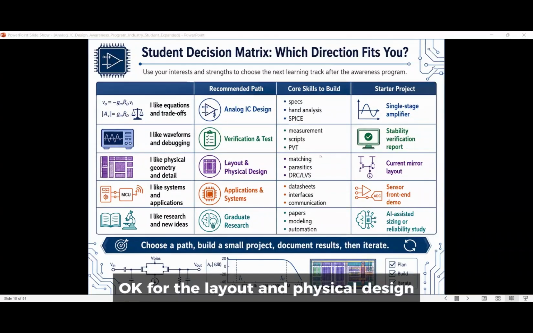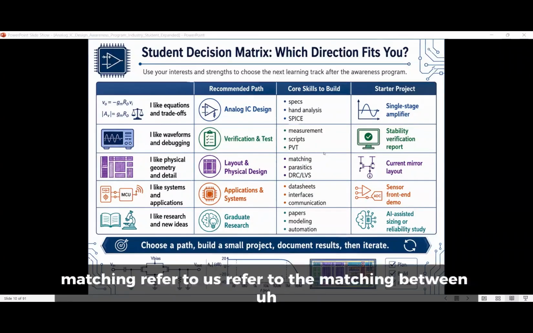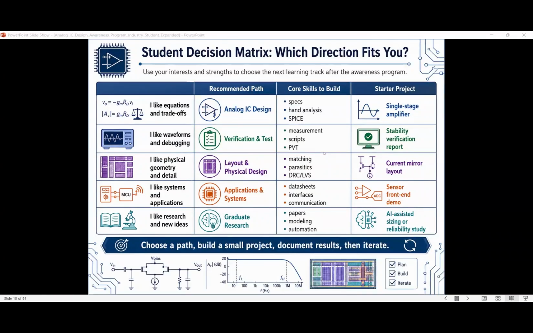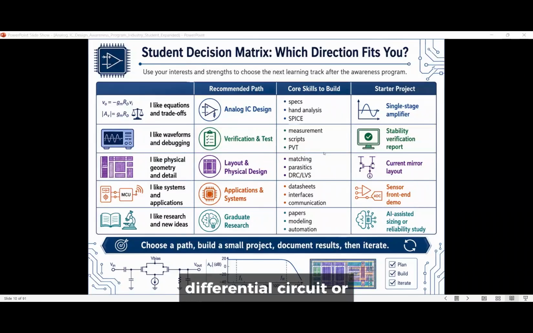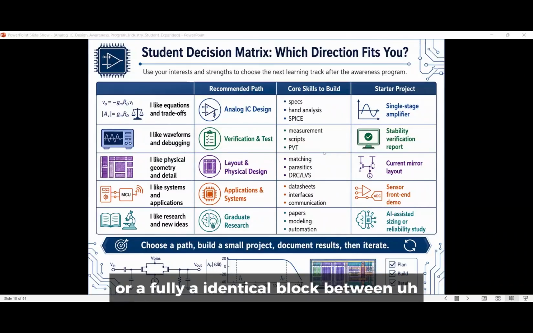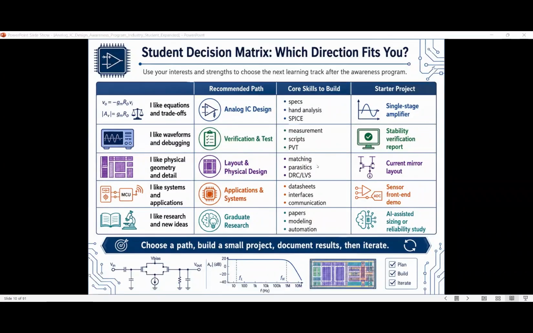For layout and physical design, the first critical one is matching. Matching refers to matching, for example, in a differential circuit or between fully identical blocks. Also the parasitics, the transistor parasitics and the layout parasitics, and how they can affect the performance of your circuit.